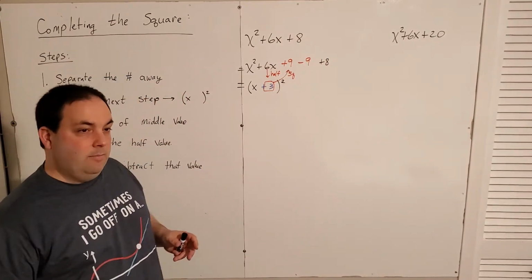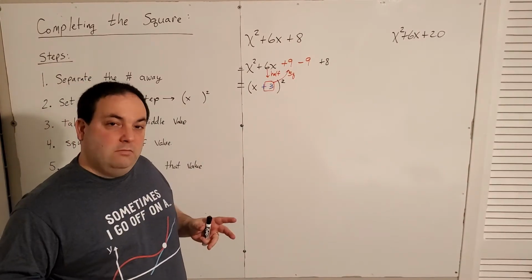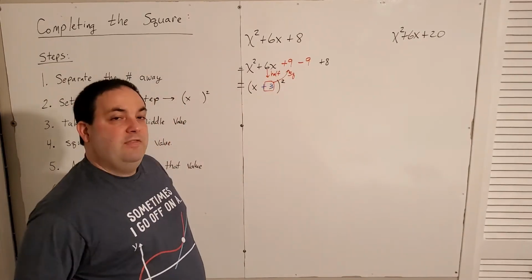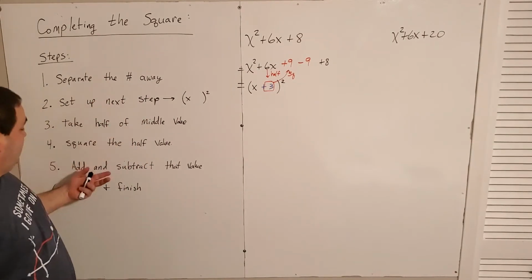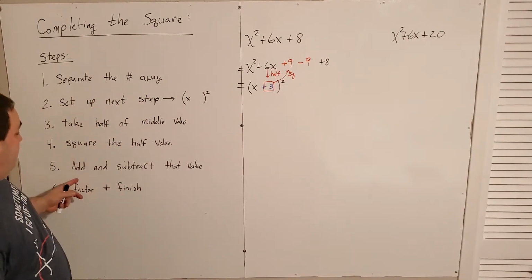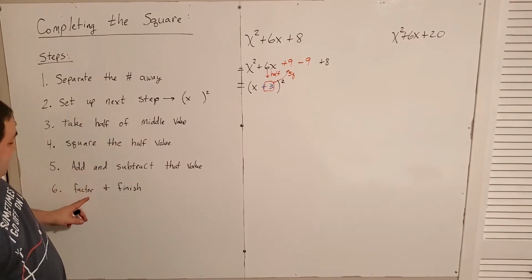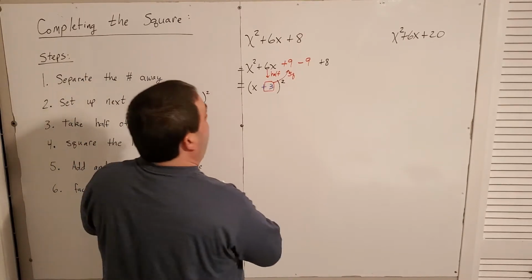So technically, I've added 0 value to the whole thing, right? This is a 0 value. But the 3 pieces that I need to factor, because that's the next step, right? After I square the half value and add and subtract that value, right? That's step 5. The next step, the last step, is to factor and finish up. Well, what do I mean by that?